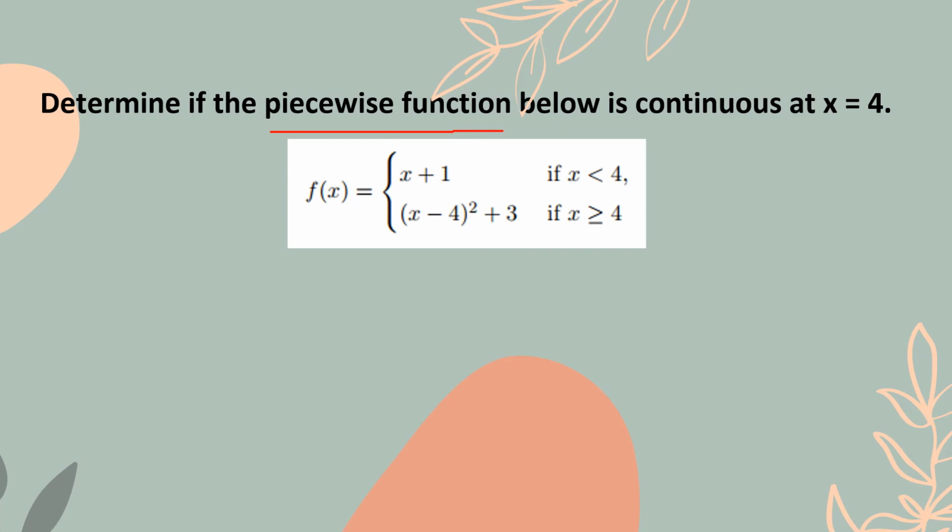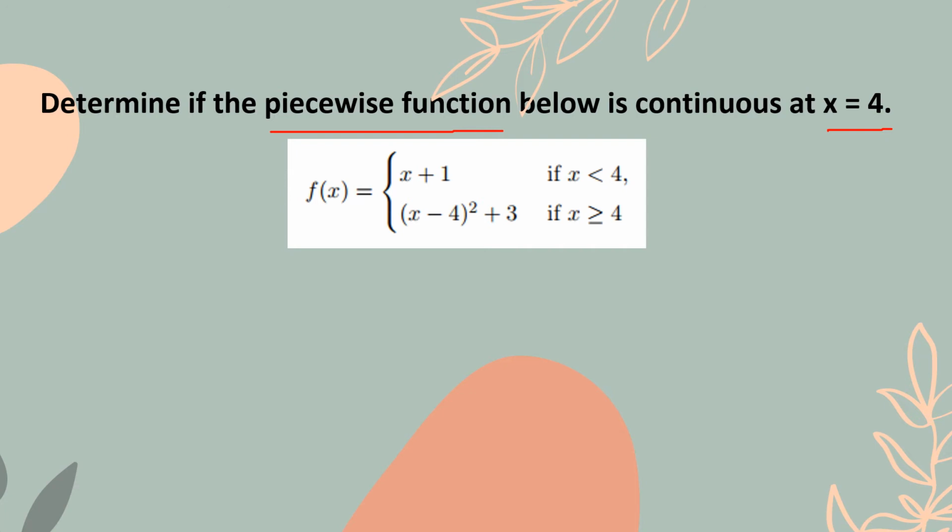Okay, kung wala if na nakabutang niya nga semicolon, meaning to say it's a condition. We have to evaluate now if the piecewise function is continuous at x equals 4. Okay, but there's a tricky part here, that you don't have to substitute it right away to both functions because we have 2 different conditions.